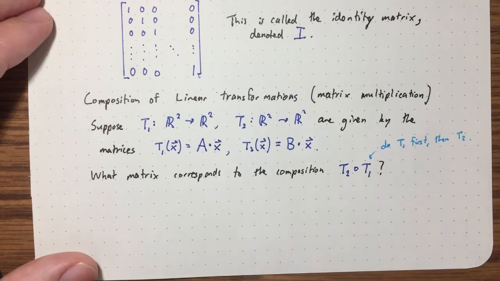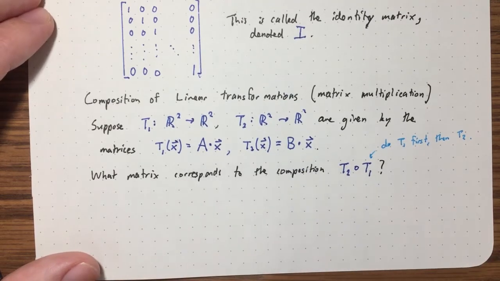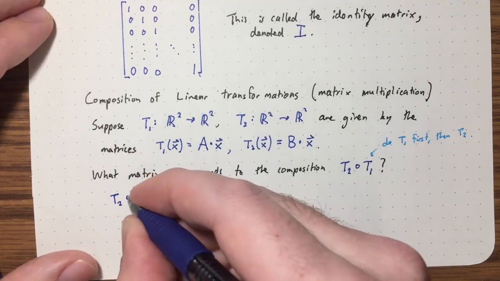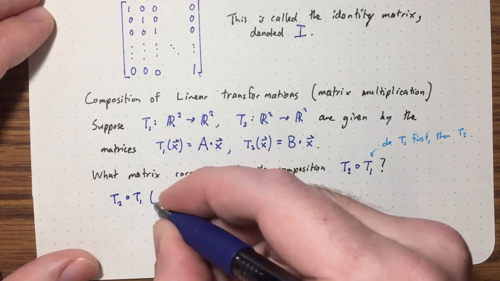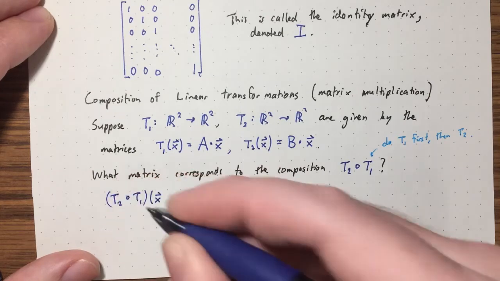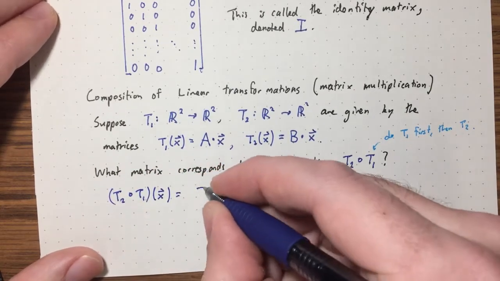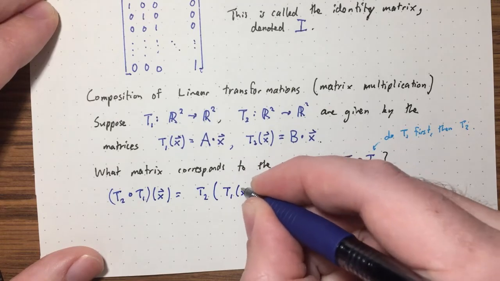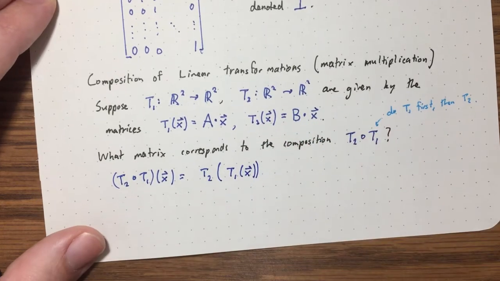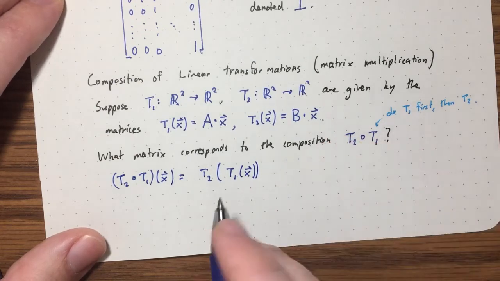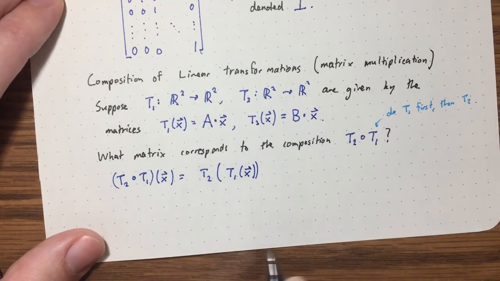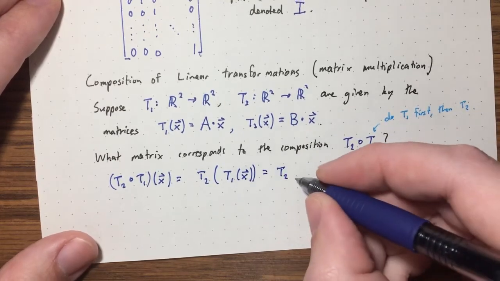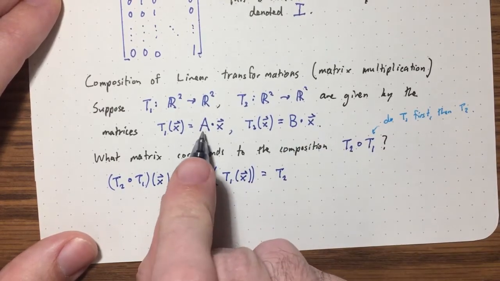What is this doing in terms of these matrices? Let's say I want to apply T2 T1 to some vector x. Well, what is that? It means I apply T1 first, and then I apply T2. But what is T1? T1 is the matrix A times x.